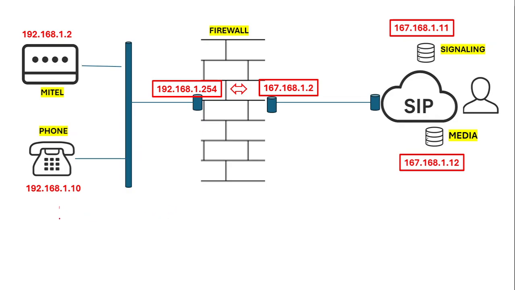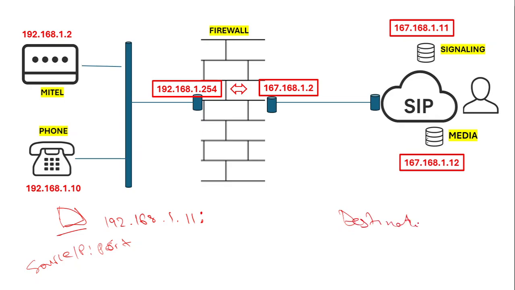So if we have our PC here with this IP address 192.168.1.11, it has a source IP address and a port, and it is going to a destination which is outside.